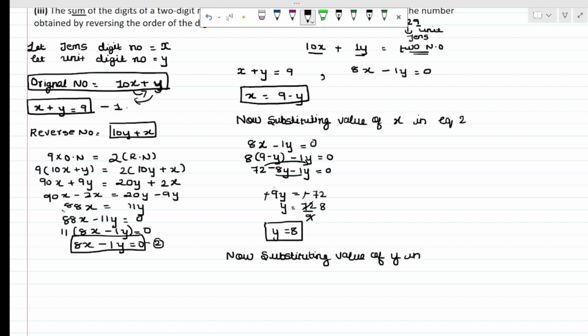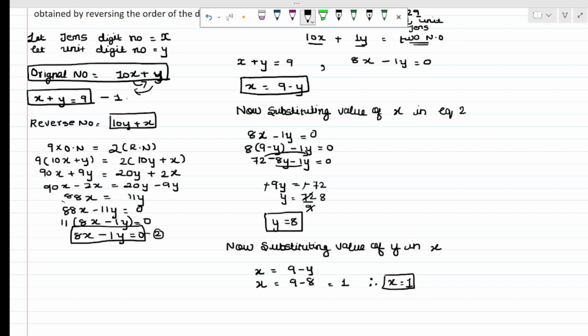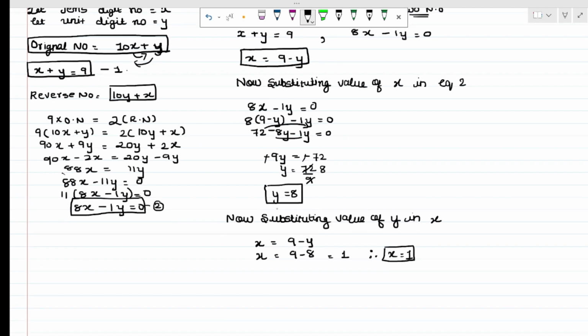I am just substituting my value of y in the value of x. What is my x? My x equals 9 minus y. That means x equals 9 minus 8, which equals 1. So I got my value of x as 1 and my value of y as 8.